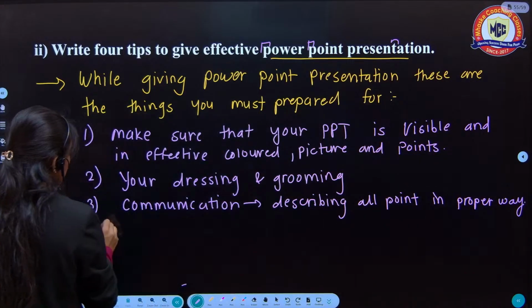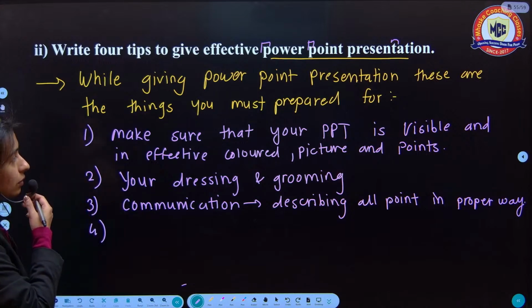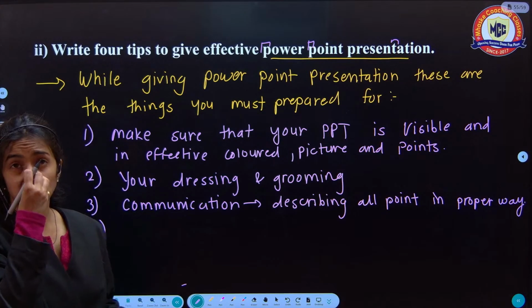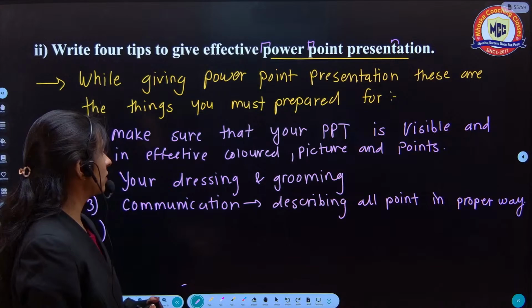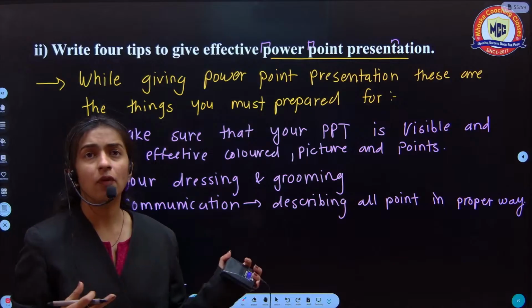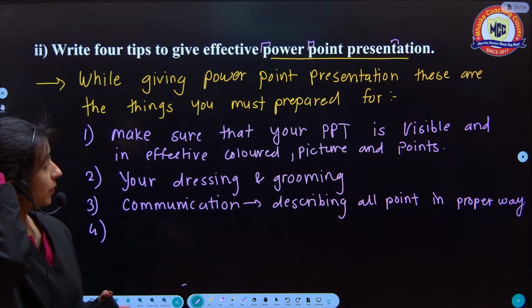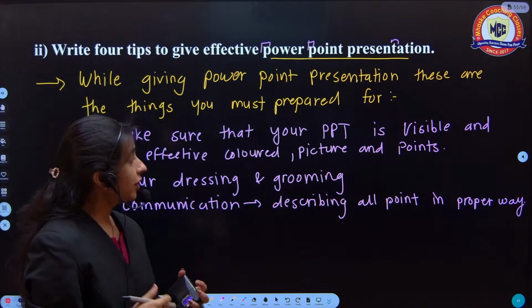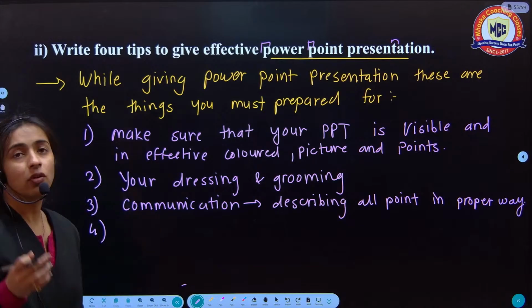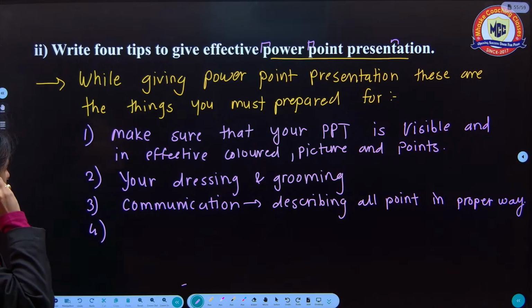Fourth one, whenever you start with your PPT, you will greet the audience. You'll start with describing points, why the picture is there, how you're presenting it, and you have to make sure that whatever you're presenting is properly perceived by your audience or not. So these are the tips.